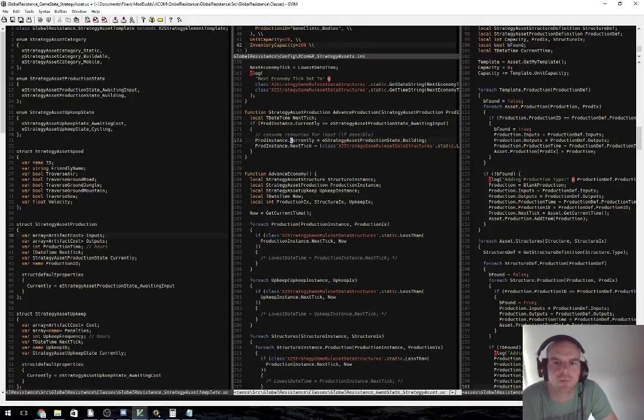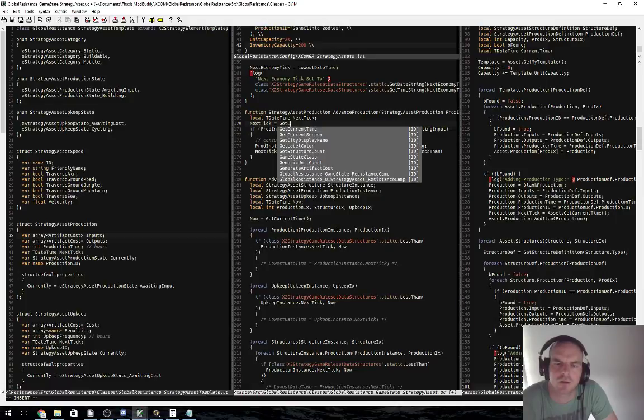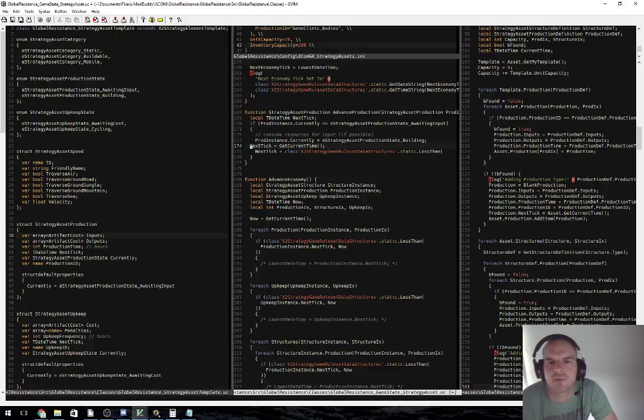There we go. We'll just do that. So next tick will equal class. So that's automatic. So next tick will equal get current time. And then we'll advance it. Add hours.